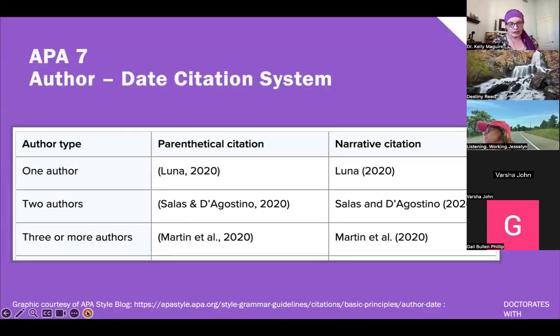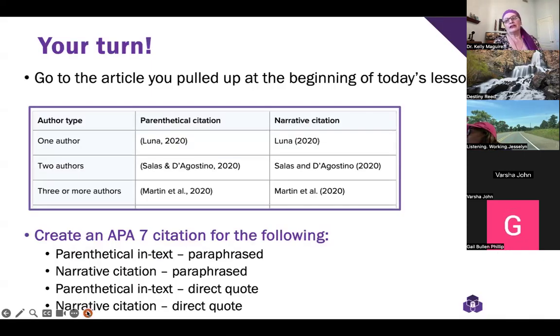So as a reminder, this was the little cheat sheet that we found on the apastyle.apa.org blog. And what I would like to do is, I had you all pull up an article at the beginning of today's lesson, and I would love it if you would attempt to try your hand at creating a parenthetical in-text that's paraphrased, narrative, direct quote with the parenthetical, or a direct quote with the narrative.